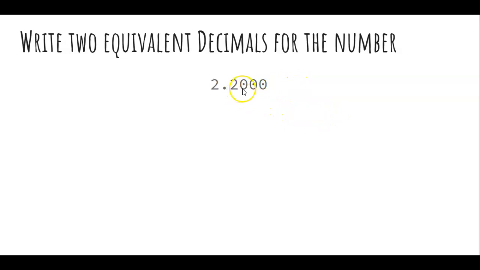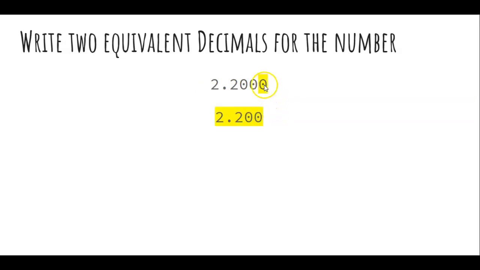Or, thinking about it this way, do these zeros change the value of these digits? No, they do not. If I had another digit that was not a 0, then that would change my value. But I could add zeros forever and ever and ever, and it still would not change the 2 and 2/10 value.